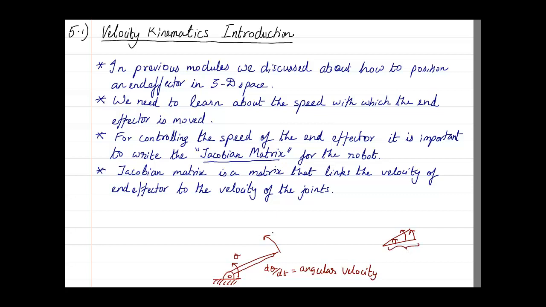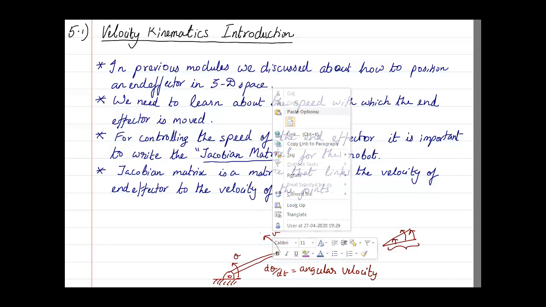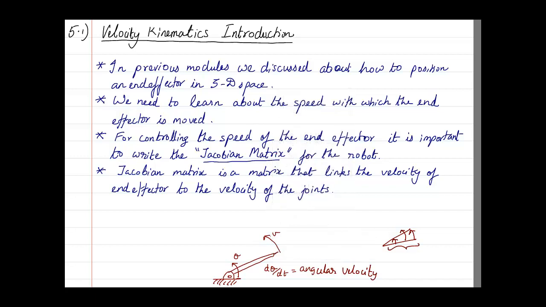The velocity of the end effector is decided by the angular velocity as well as the link length. If you increase the length of this link, then the velocity will be more.